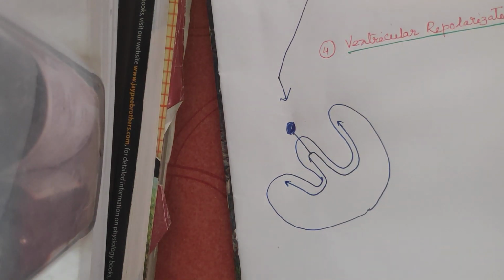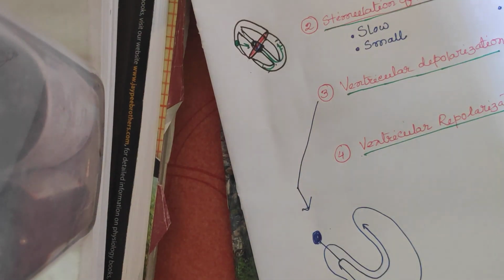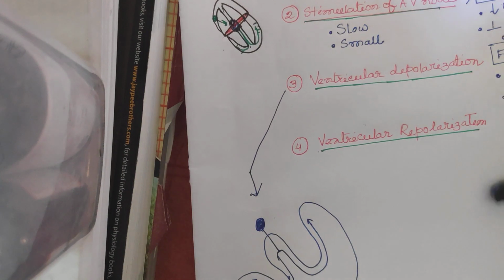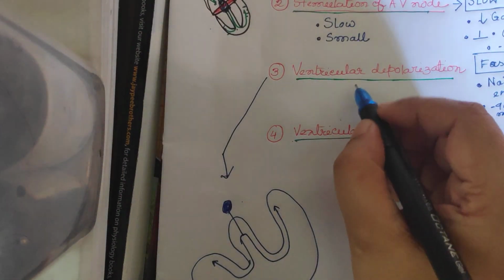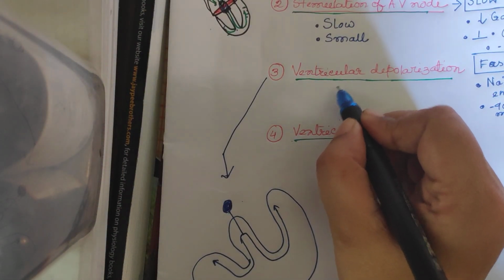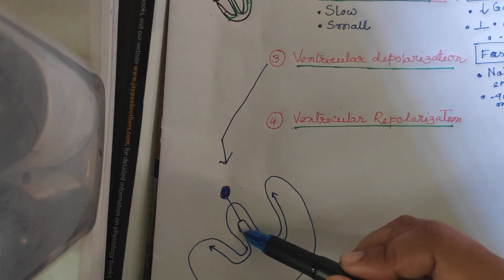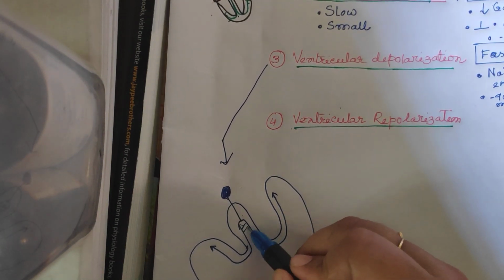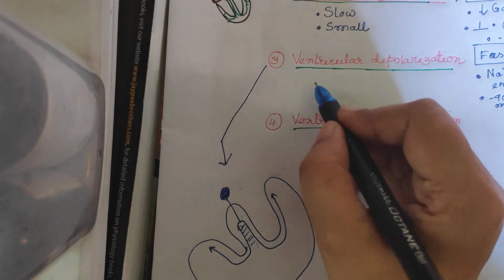Okay. So in case of ventricular depolarization, we have to divide it into three parts. Ventricular depolarization, we need to divide it into three parts. First is the septal depolarization, the depolarization of the septum.